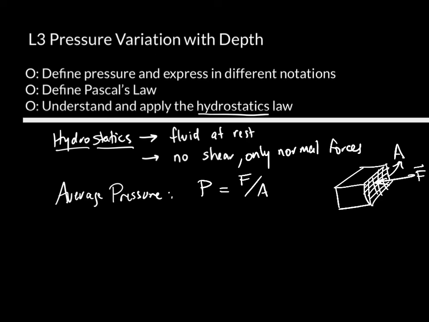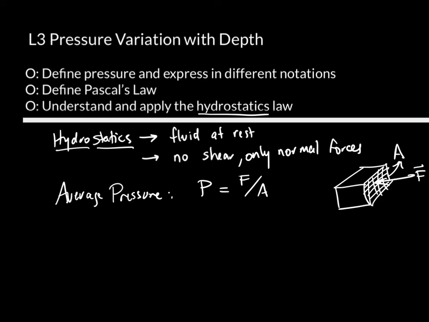Anyway, if you take the force and you divide by the area, you get a pressure. I'm going to delete that because I don't like to think of pressure as a vector. I guess it could be, it depends on how you define it.